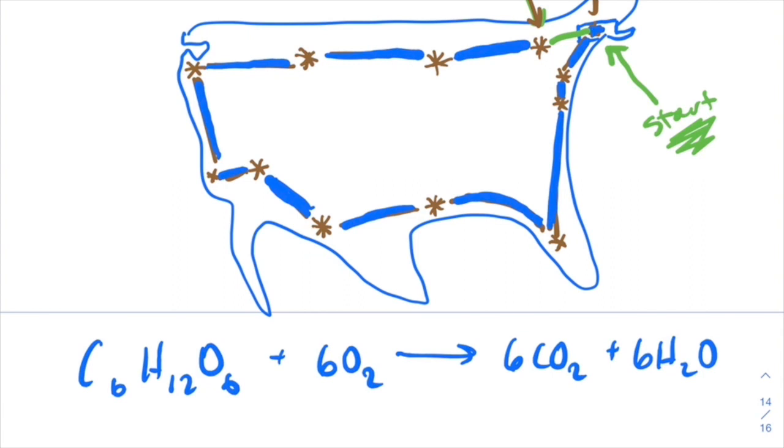This doesn't happen all at once. If the cell did this all at once, it wouldn't get any fun out of it, and the cell's idea of fun is ATP. The only way you get ATP out of this is if it's broken down into a whole bunch of smaller chemical reactions.